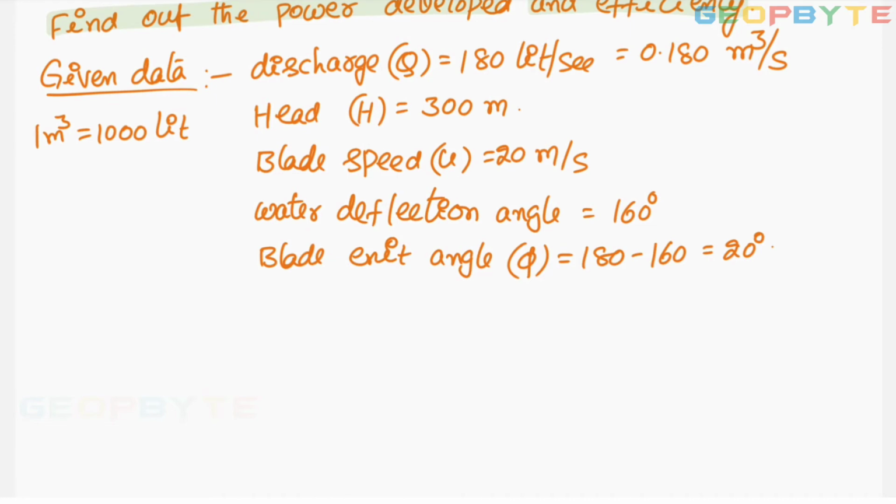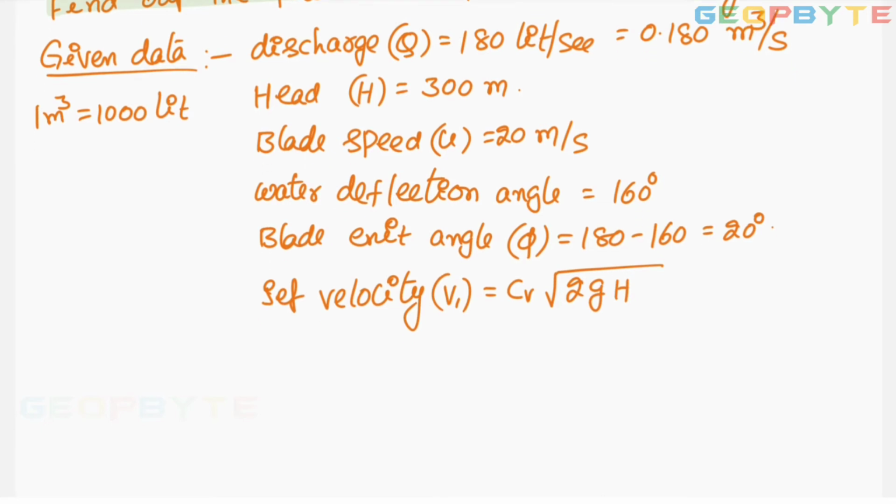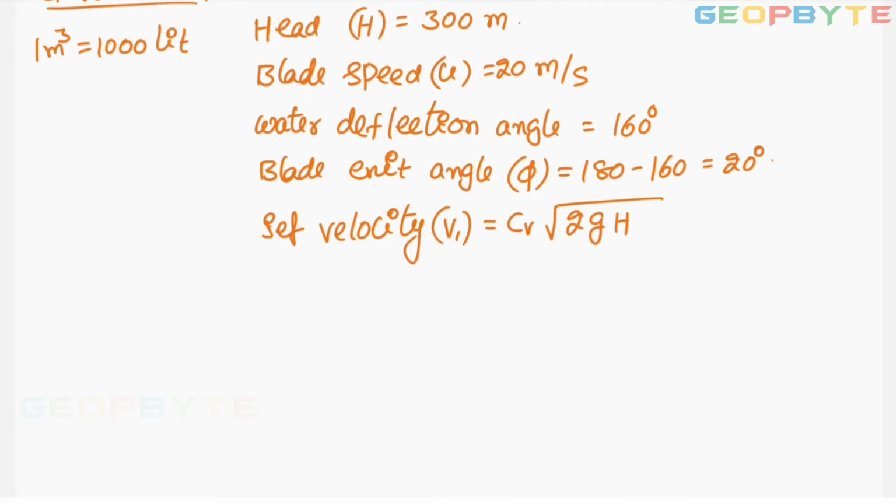Now let us find the jet velocity. Jet velocity V1 equal to Cv into root 2gh. Here Cv is not given. Assume coefficient of velocity equal to 1.